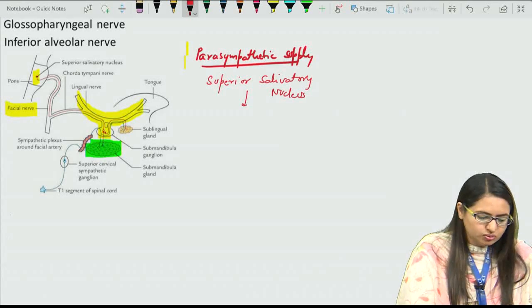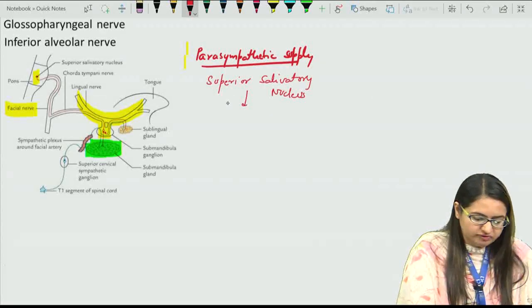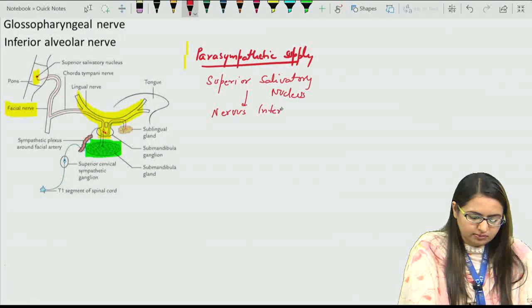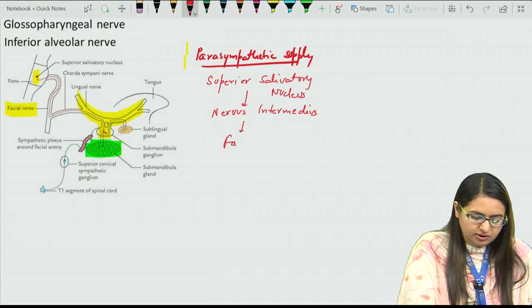From here it passes through the sensory root of the facial nerve, which is the nervus intermedius. Then through the facial nerve, it passes through one of the branches of the facial nerve, that is the chorda tympani nerve.